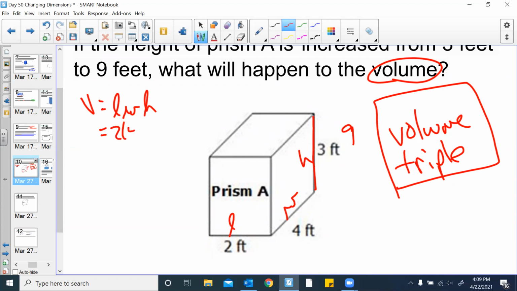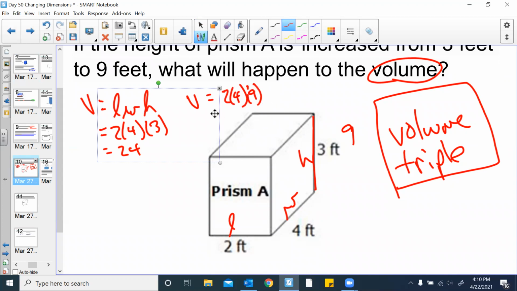So we would have 2 times 4 times 3, and 8 times 3 is 24. My new volume would be 2 times 4 times 9, and that would be 72. You can see that this is definitely 3 times as much.